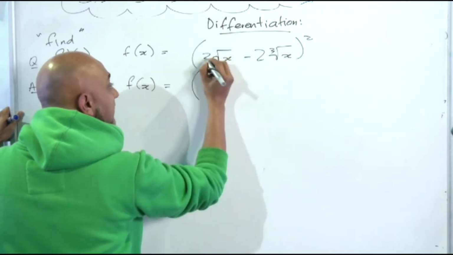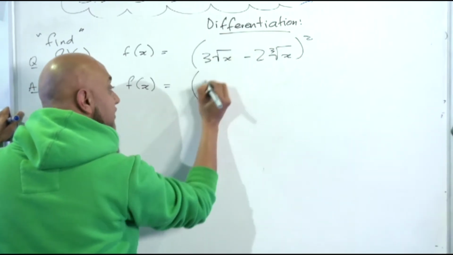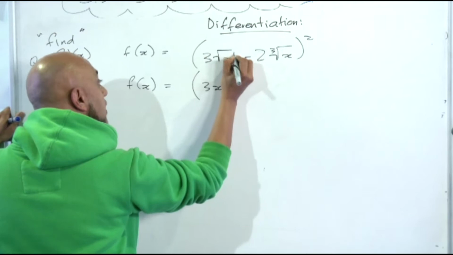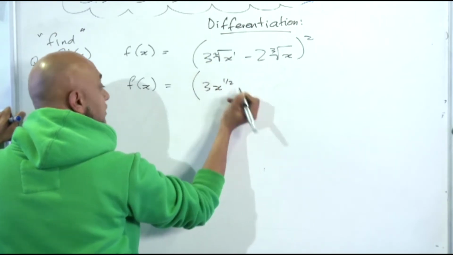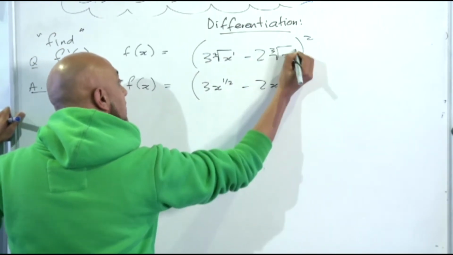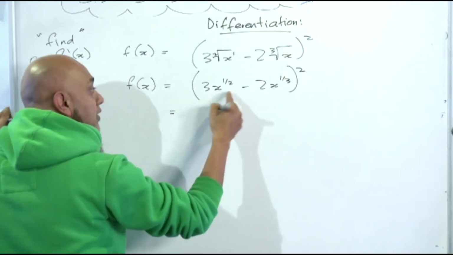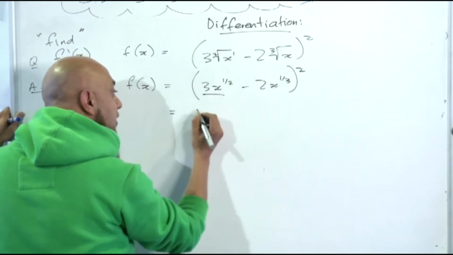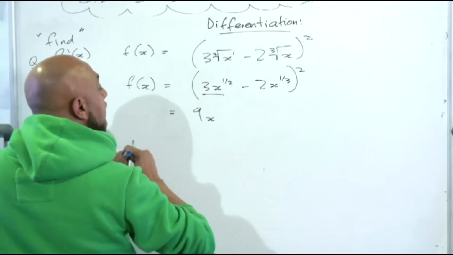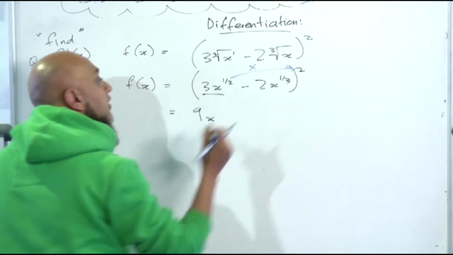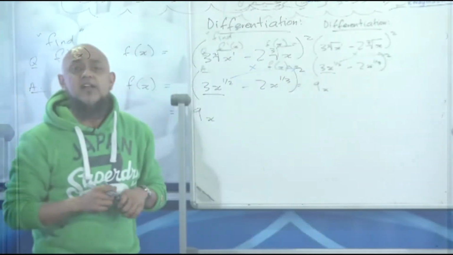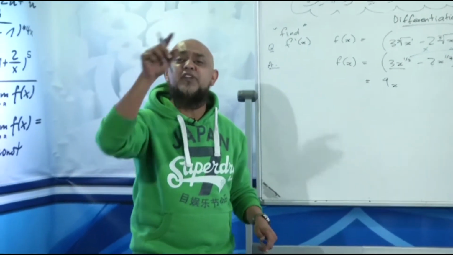So in our bracket, let's remove the surds first. So this is 3 x to the power 1 over 2, half, minus 2 x to the power 1 over 3, squared. This is equal to, now square the first term. Square the coefficient, 9, x to the power. You're raising a power to a power, so you multiply. You are not squaring it. So don't say a half squared. Don't say a half times a half is a quarter.